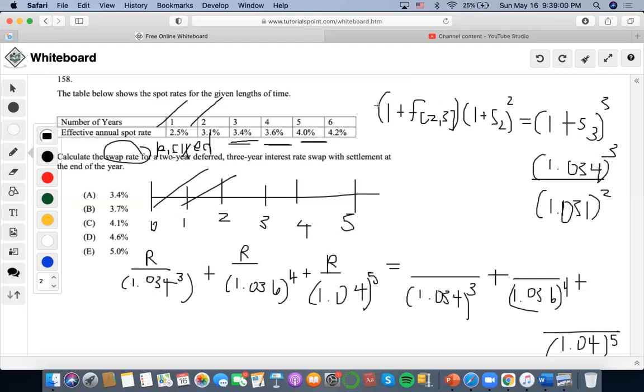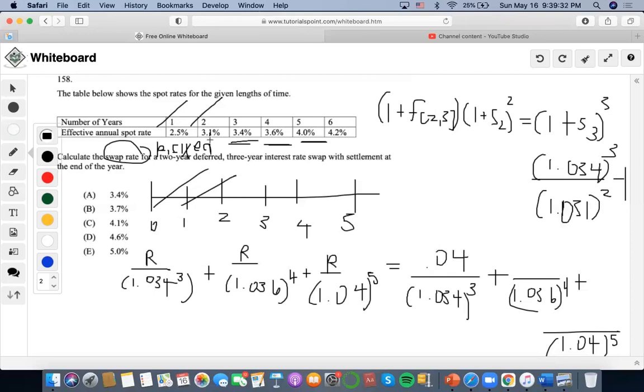And then in order to find this, let's move 1 to the other side, right? So I'm going to take my calculator and get 1.034 to the 3 divided by 1.031 to the 2, and we're going to subtract 1. And we're going to find out that the forward rate of F from 2 to 3 is going to be 4%. So I'm going to put 0.04 here.